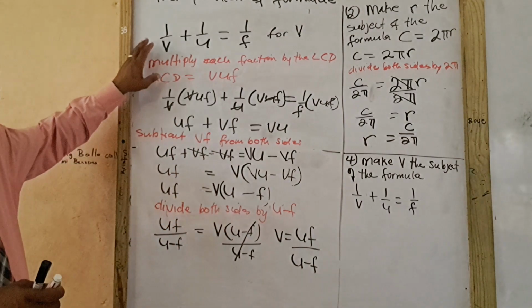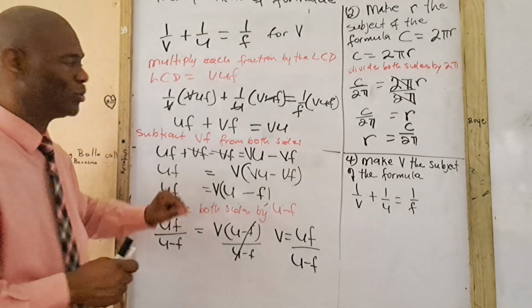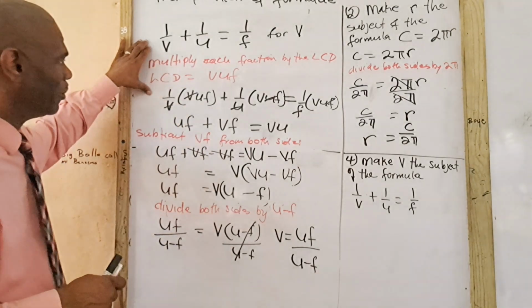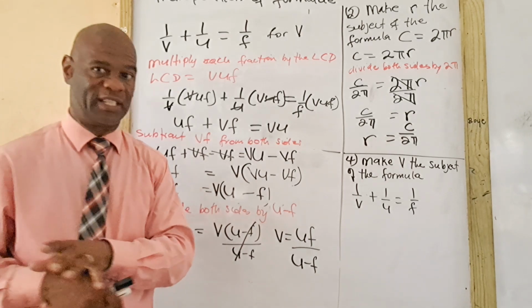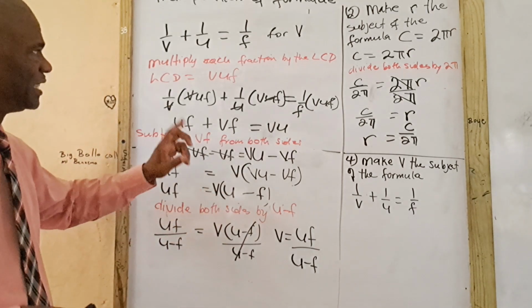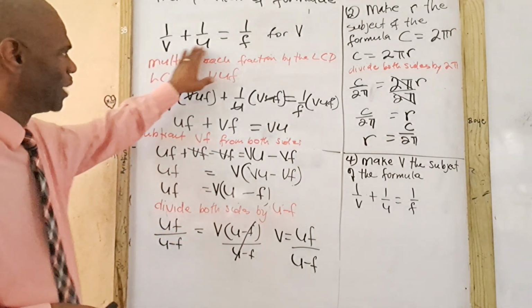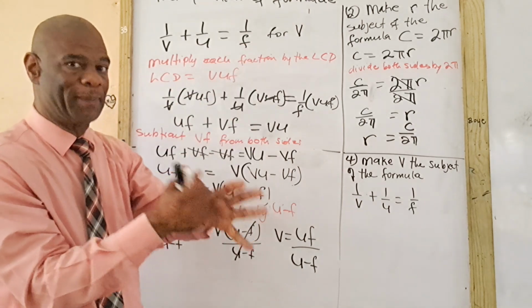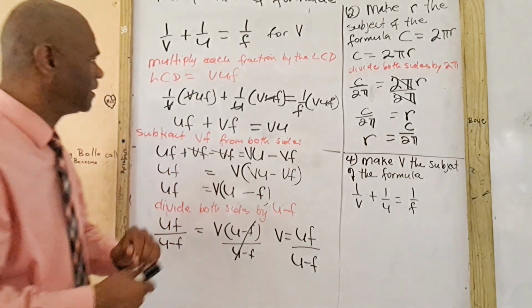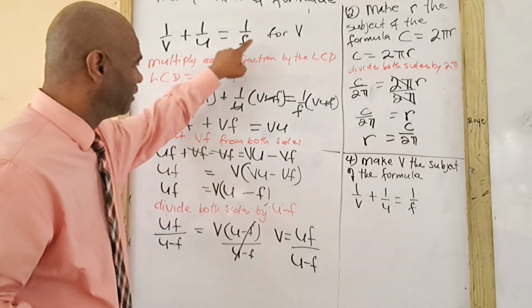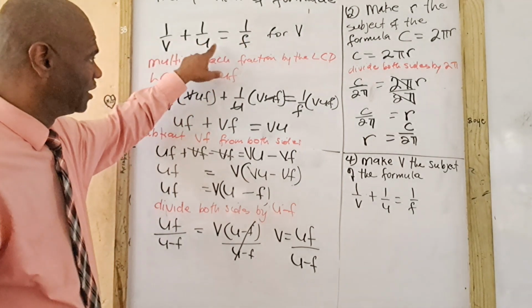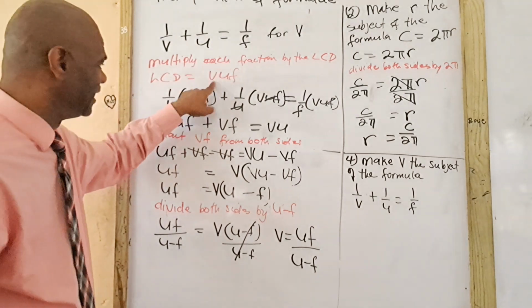If we go step by step, since they are fractions, the first thing we do is find the least common denominator, which in this case is V times U times F. Then we multiply each term in the formula by the LCD.